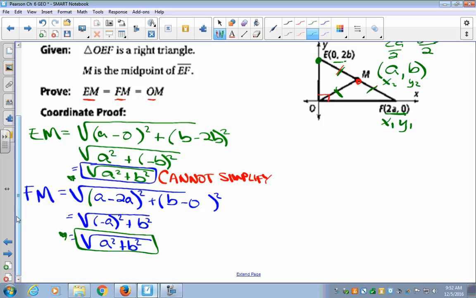Okay, so let's find OM. For OM, we need to change the X1 and Y1. There's no coordinates on O, so I give up. What do we do?